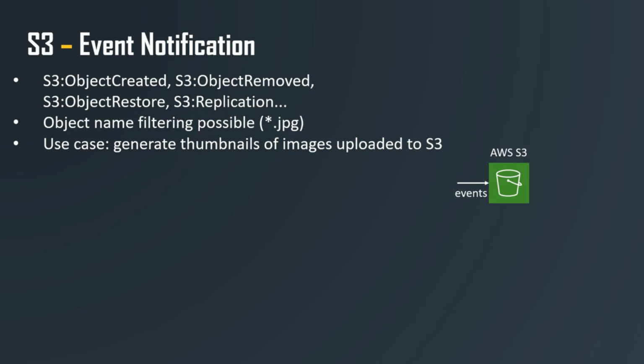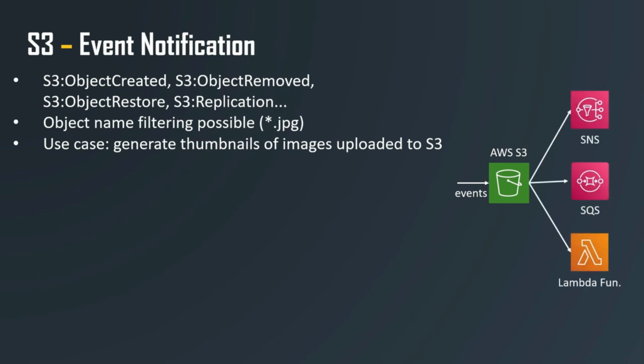So what are the possible targets for S3 event notifications? You have three. You have SNS, which is the Simple Notification Service, to send notifications and emails. We have SQS, the Simple Queue Service, to add messages into a queue.